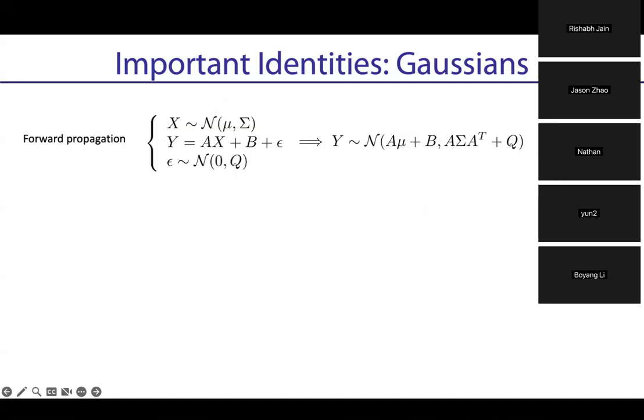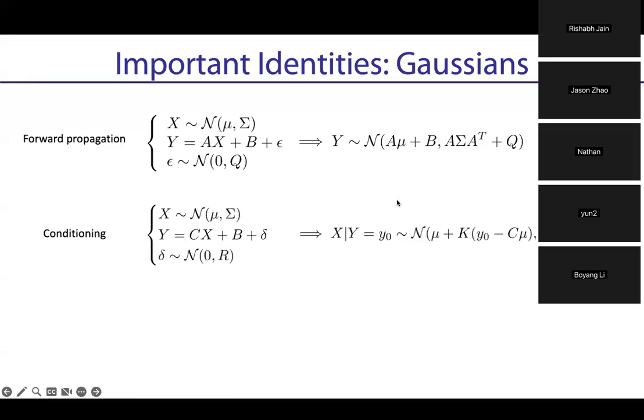This was your original distribution. You pushed it forward through some linear operation plus some noise. And so your new distribution is also going to be Gaussian, but with the mean shifted linearly and the variance scaled quadratically, plus the extra noise that you added in. I'll show some more geometric examples here, but let's just think of this intuitively. You have a linear function, y connected to x, and you just propagate things forward.